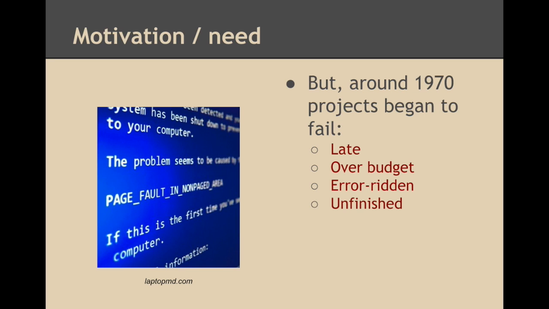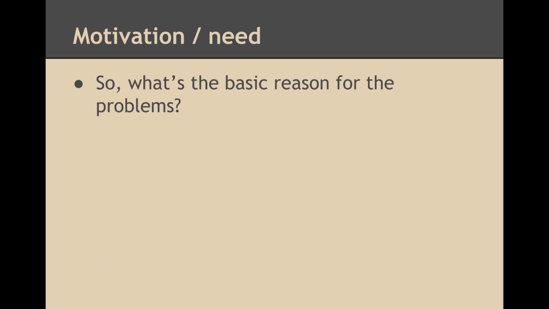So as we wanted to do more and more with computers and our ambitions for using them got larger, around 1970, software started to be very difficult. We couldn't make it happen on time and on budget and in a reliable manner. Now, obviously, you may wonder whether we're doing that now, but it's nothing compared to what it was back in 1970.